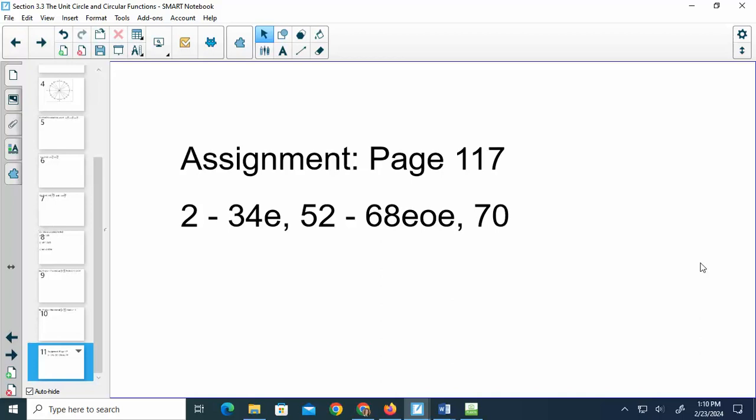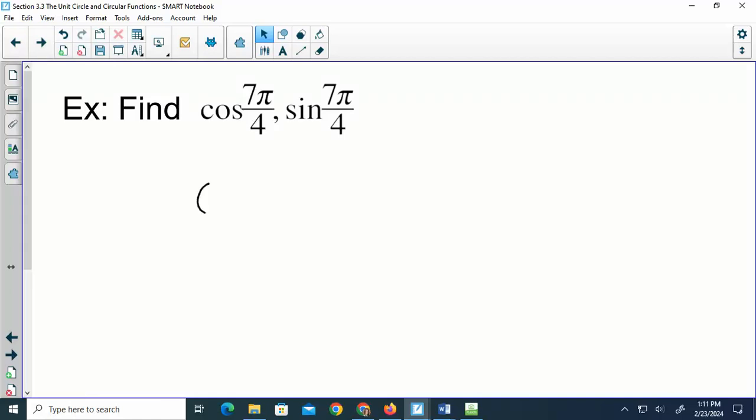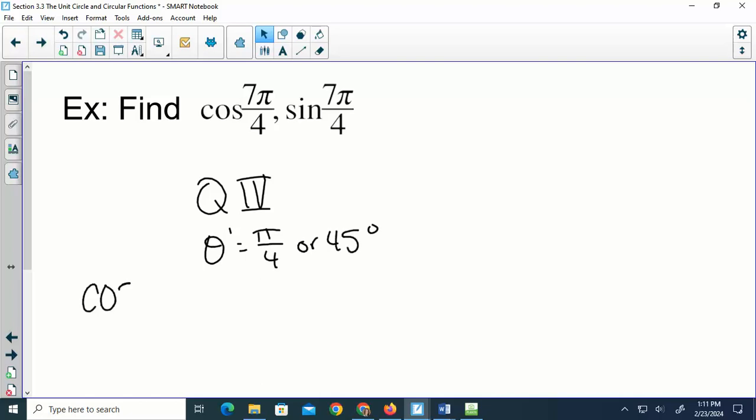So, are we supposed to be using this circle? I would say, okay, what quadrant is 7 pi over 4 in? Quadrant 4. Reference angle is pi over 4, or you can say 45 degrees. And so then cosine of 45. Cosine in quadrant 4 is positive or negative?